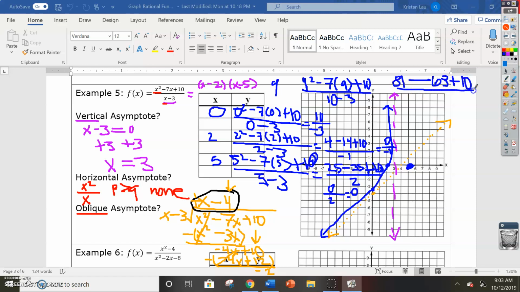Plus 10 all over 6. 81 minus 63 plus 10 is going to be 28 divided by 7, which should be 4. So if x is 9, y is 4. So it's right here. And then if I connect the dots and keep going and use my asymptotes to find the general shape of my graph, it should look kind of like that.